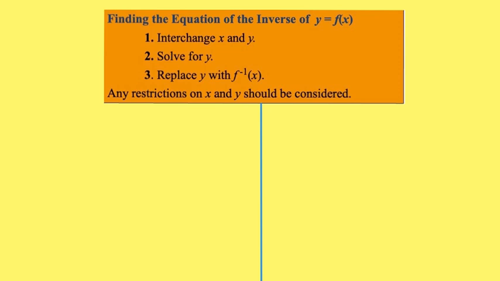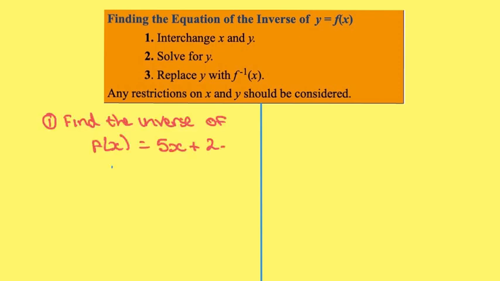1. Find the inverse of f of x equals 5x plus 2. Rewrite as y equals 5x plus 2. So the first thing we do is interchange x and y, so we get x equals 5y plus 2. We now solve for y, so therefore we get x minus 2 equals 5y.